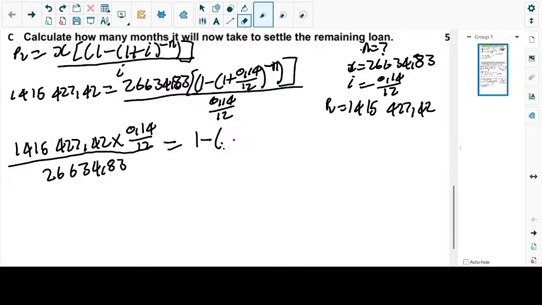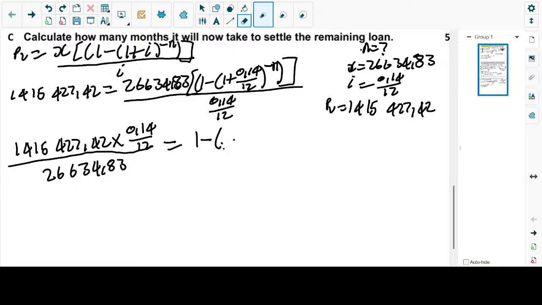Okay, AC. 1 plus a fraction of 0.14 all over 12.